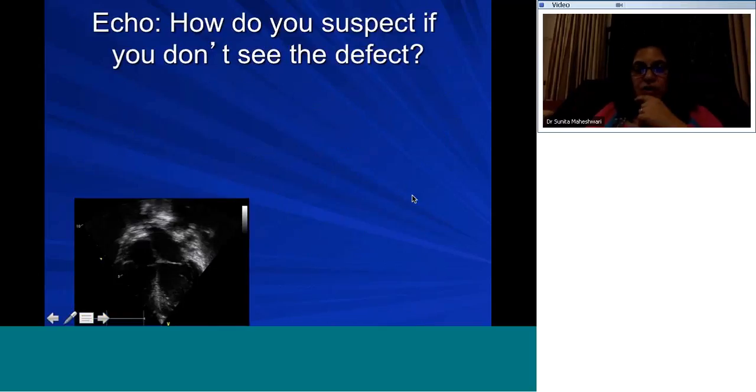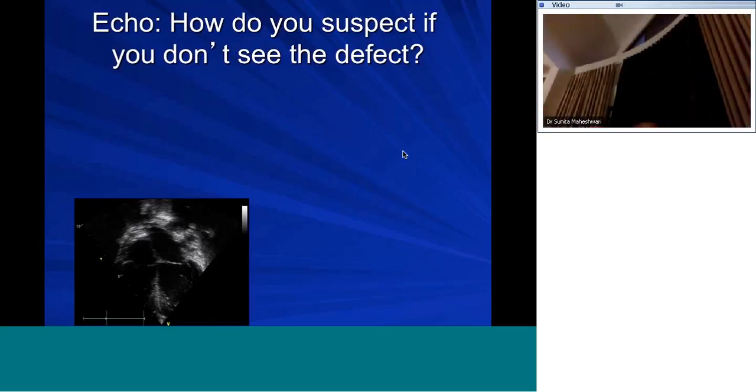So, someone refers you a patient with heart failure. You do the echo. How do you suspect it? What are the echo clues to an AP window before you see the AP window? Okay, dilated LA, LV. Anything else?